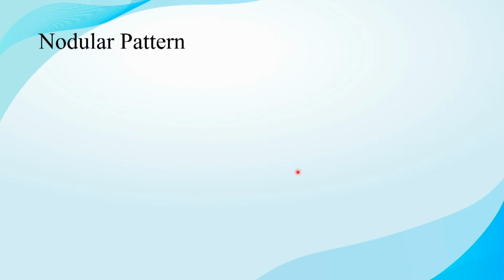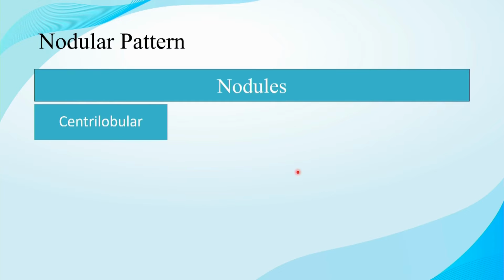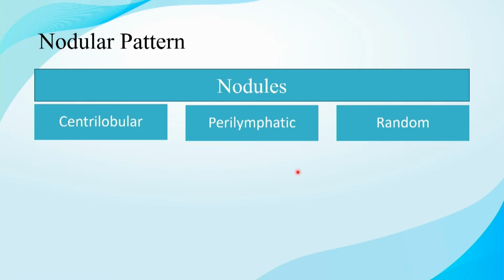Now let's come to the nodular pattern. Whenever we're talking of nodular pattern in HRCT, in this context, we'll be talking about small nodules, that is 5 to 10 mm in size, or micronodules which are less than 3 mm in size. These nodules can either be centrilobular, perilymphatic, or random in distribution in accordance with the secondary pulmonary lobule.